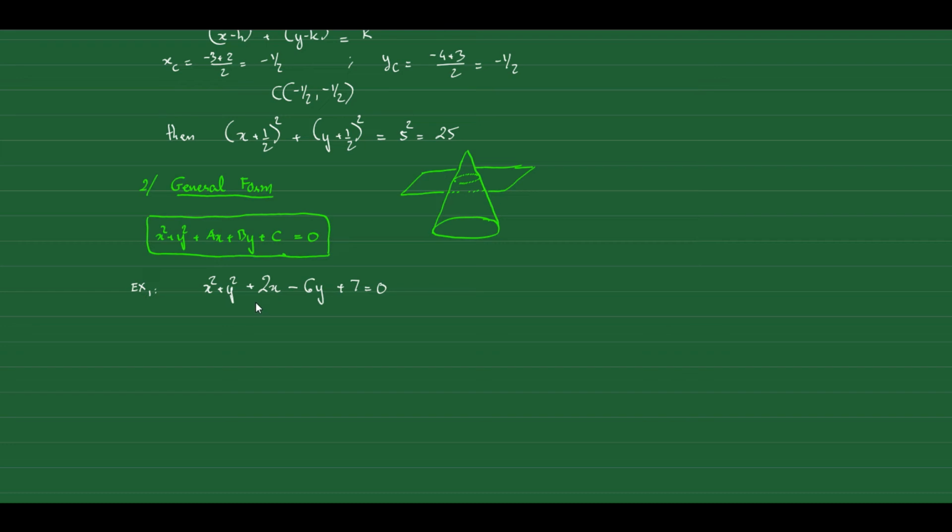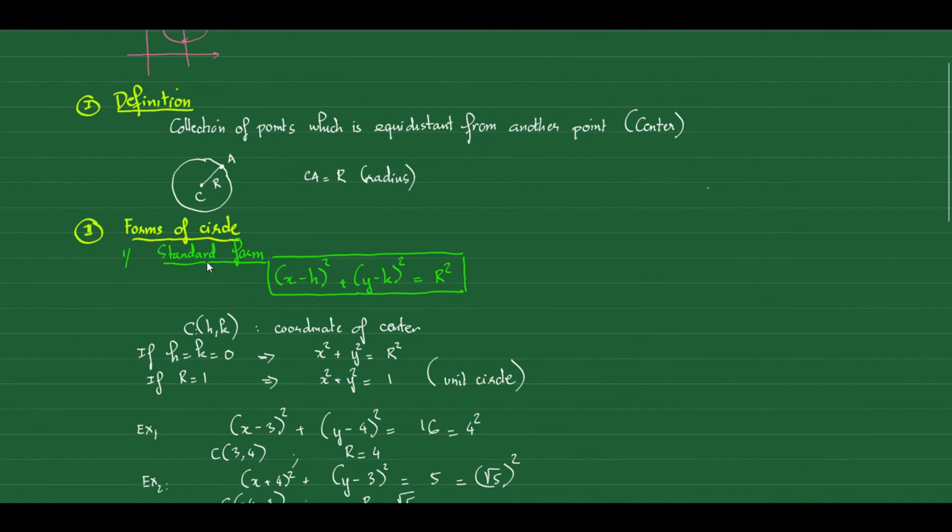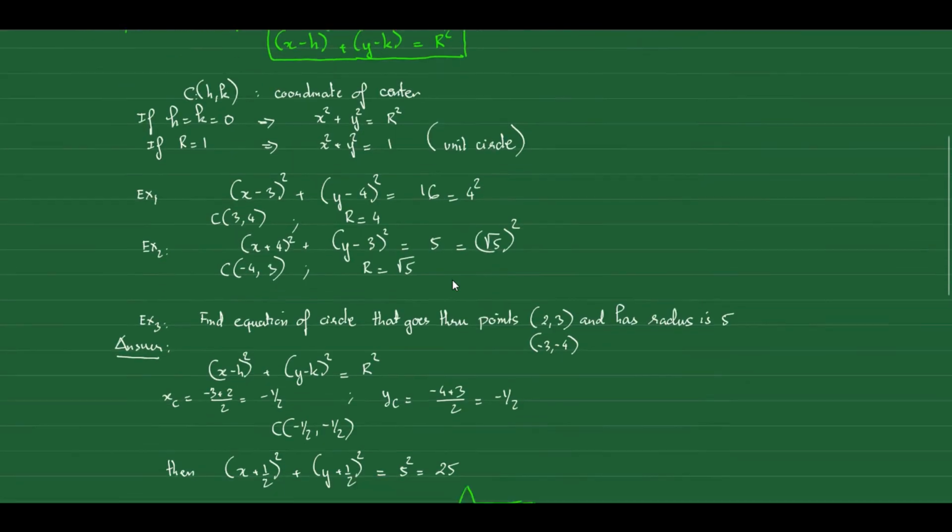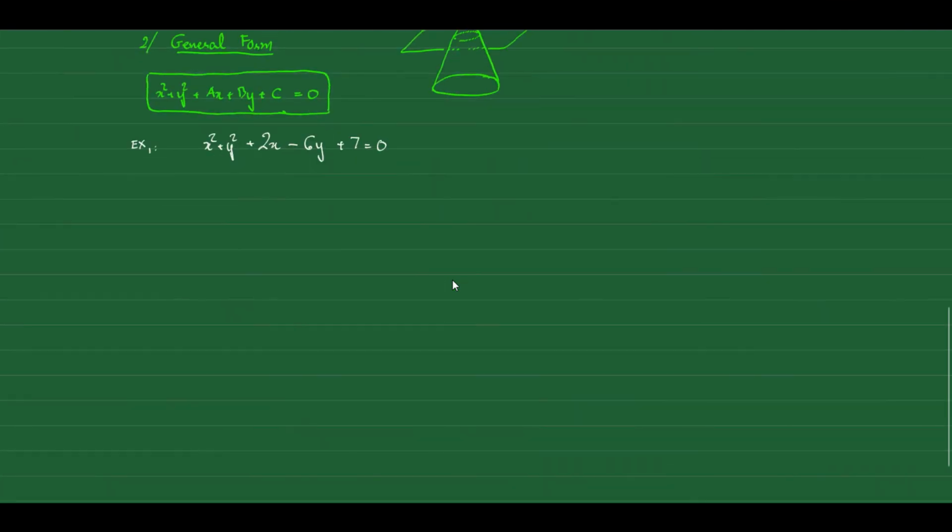Well, it doesn't mean that you cannot define the center and the radius, but obviously you cannot find them here right away. But for the standard form, you have h and k, which is the center, and you have the radius. Later, I'm going to show you how to get the center and the radius out of this form.